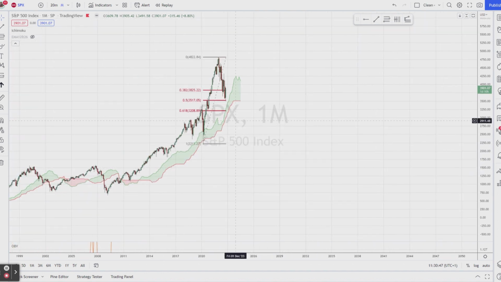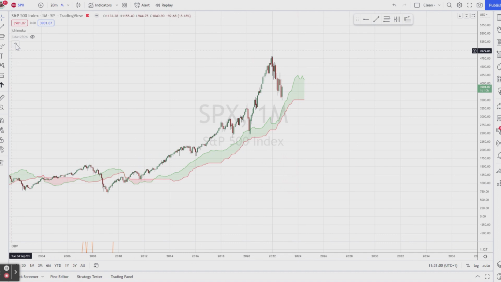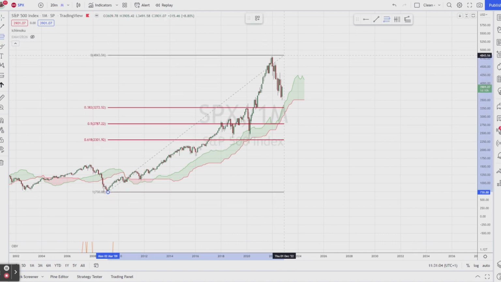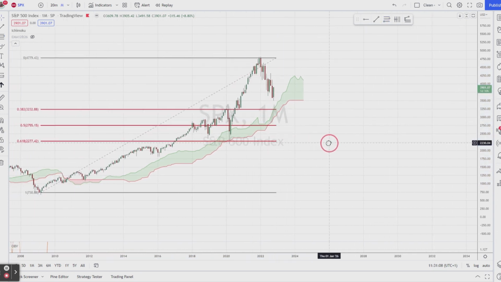See, on the monthly chart, this tells me that I'm not supposed to measure this. Actually, I'm supposed to measure this one. There we go. These are the new levels.